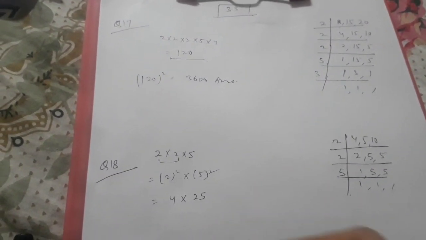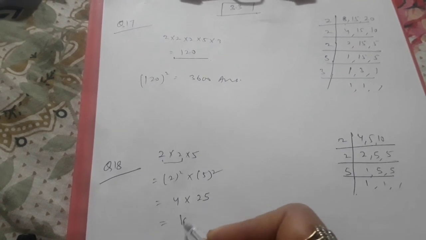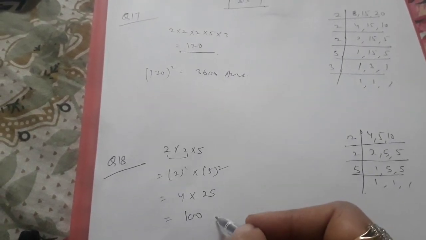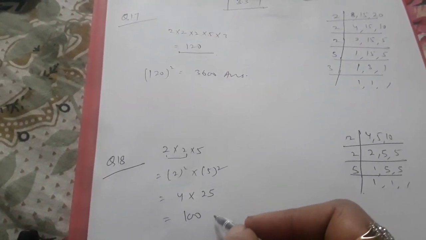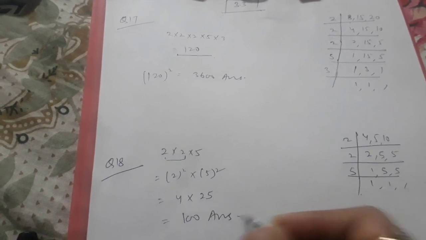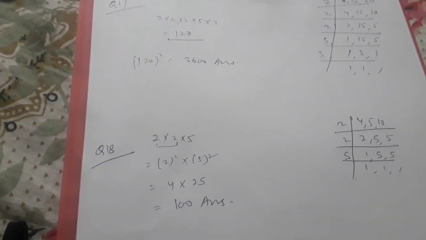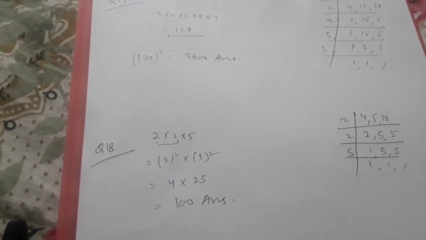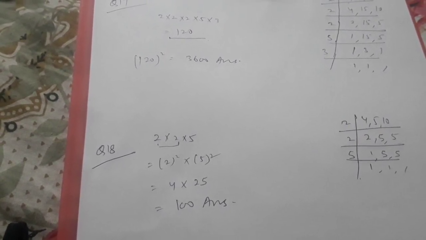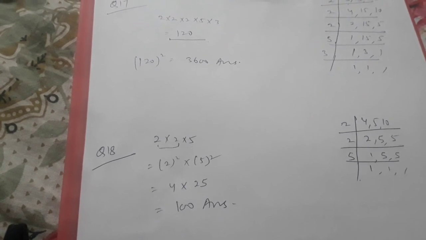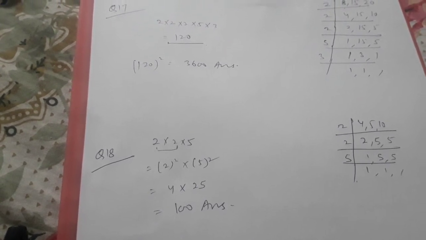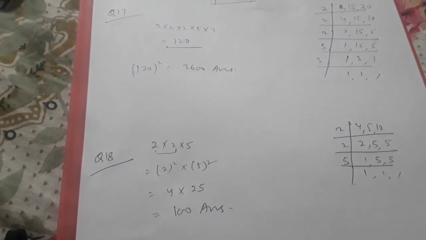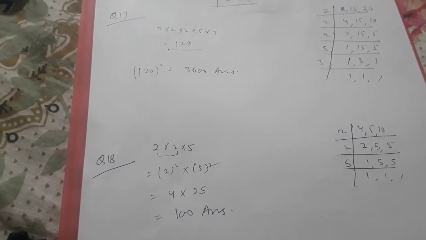So 100 is the least perfect square which is exactly divisible by 4, 5 and 10. This is the whole glance of question number 18. So here we have completed exercise 3.3 of Squares and Square Roots, class 8, publication house Goel Brothers.